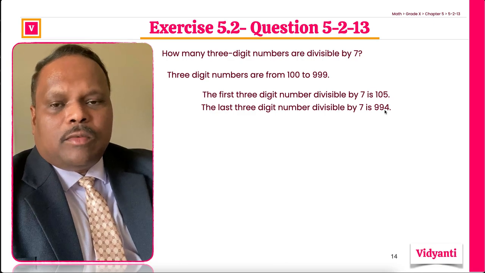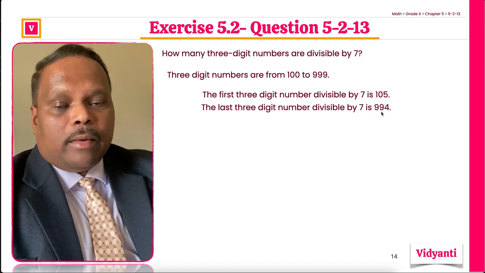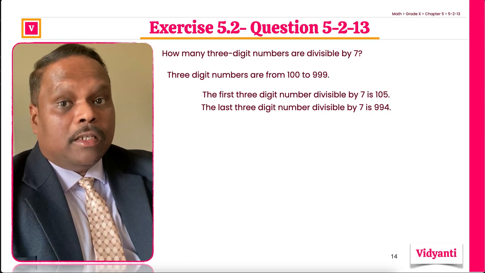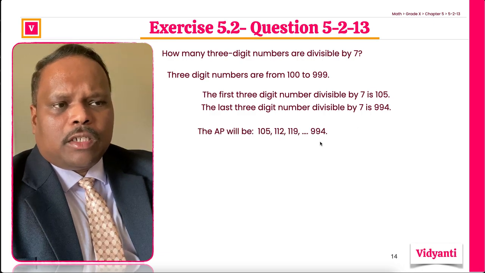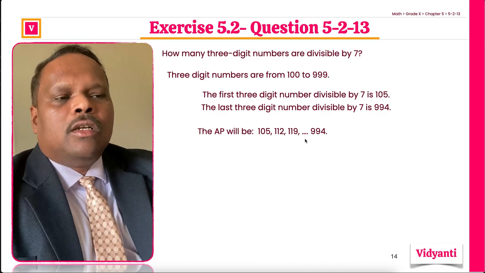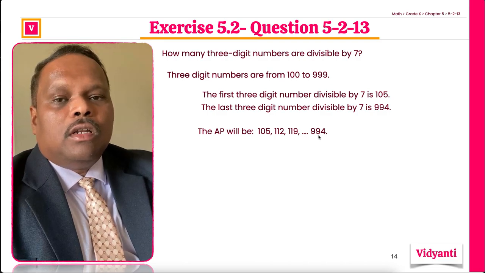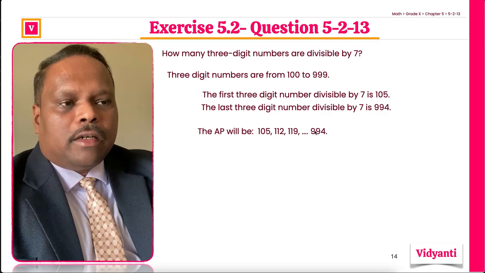And the last number which is divisible by 7 is not 999. We have to go a couple of steps backwards. The last 3-digit number which is divisible by 7 is 994. So our arithmetic progression will be starting from 105, ending with 994. Now they are not asking you the total, they are asking how many terms are there. So we have to find out the location of the 994 in this entire series.